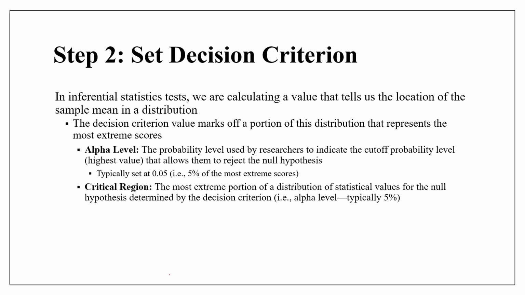So if we have our distribution, and again, we talked about how we have a specific pattern in standard deviations and z-scores, and how the area under the curve is 100%.